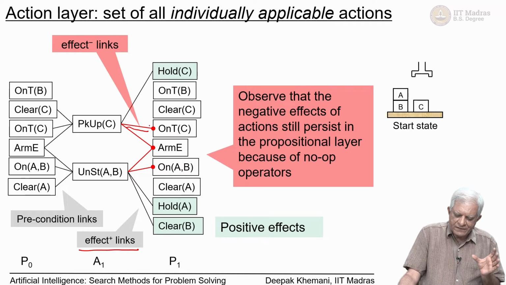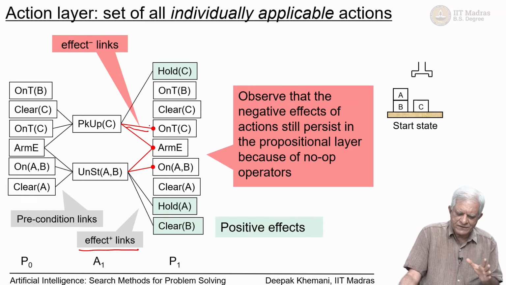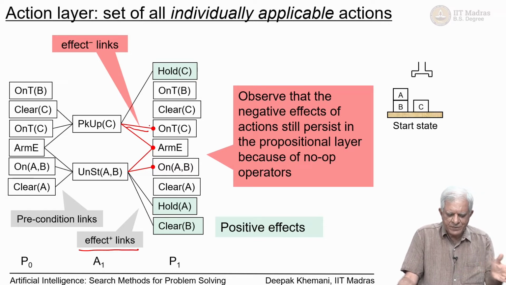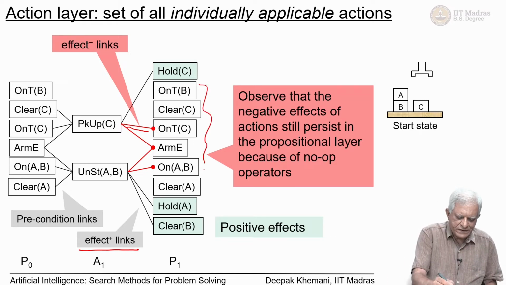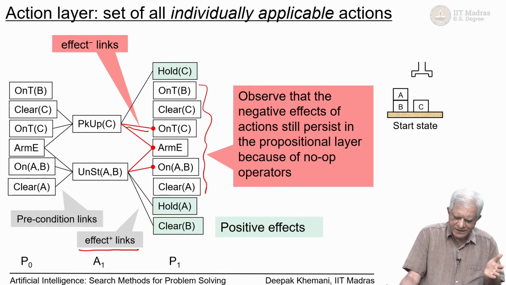Even though we have these delete effects, for example, when you pick up C, you are going to delete on table C, on table C will be present in the next proposition layer, and the reason for that is, as we have already discussed, that no op operations are present all the time, which we have not shown here. For every proposition on the left, there is a no op operation on the right, and that is why we got the initial state in proposition layer P 1 also.